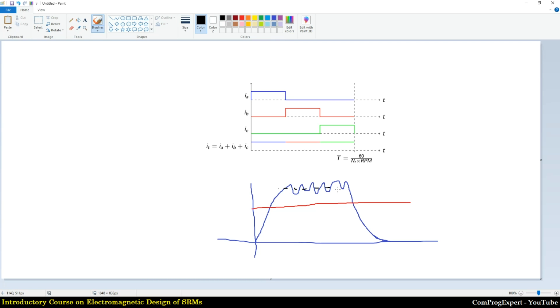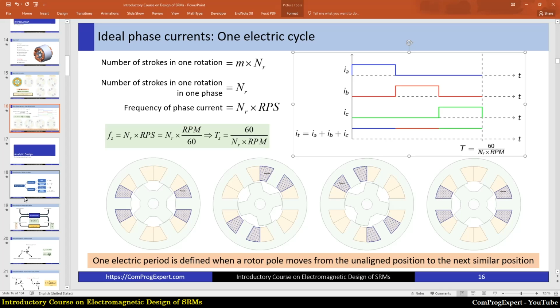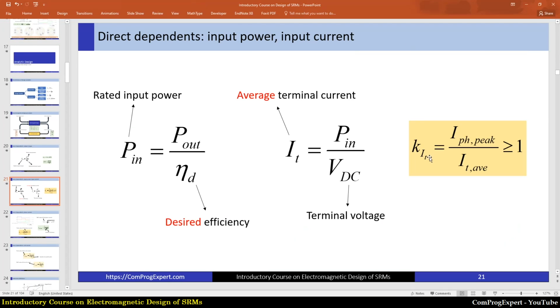If you consider this as the peak value of the phase current, and this is the average value of terminal current, so we define KIT as peak value of the phase current divided by average value of the terminal current. So this equation here, KIT, is the peak value of the phase current divided by average value of terminal current.